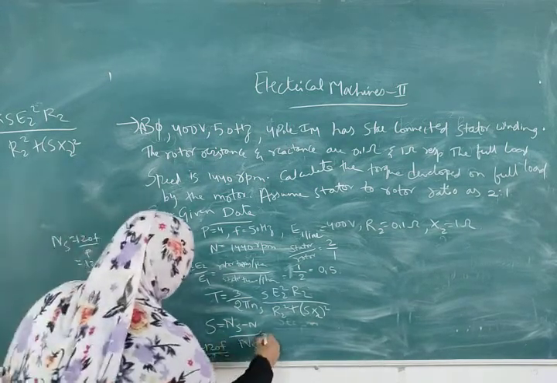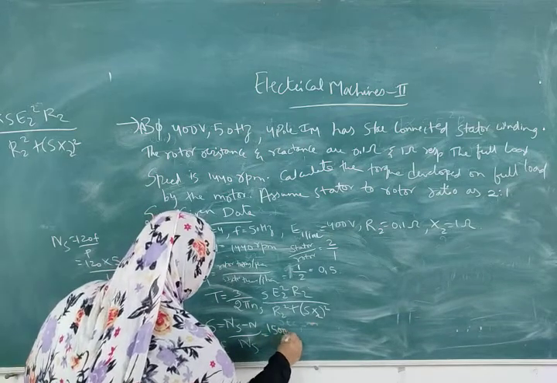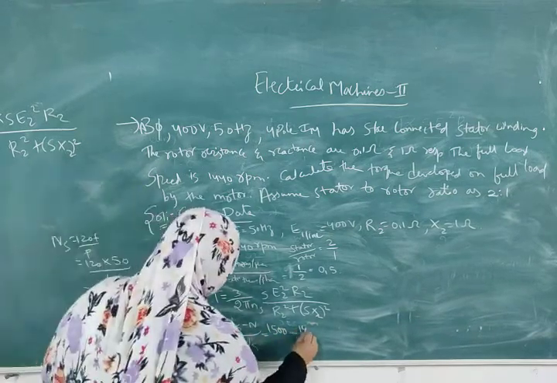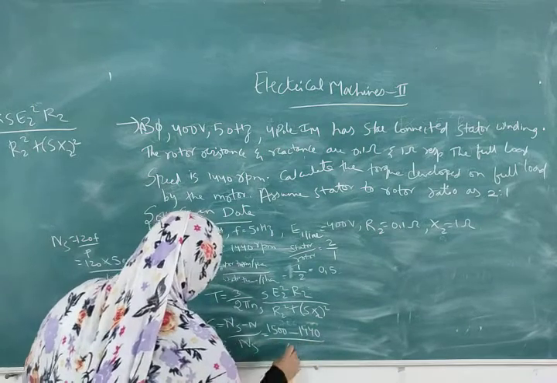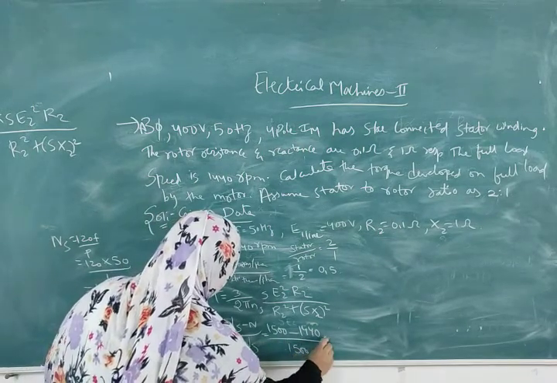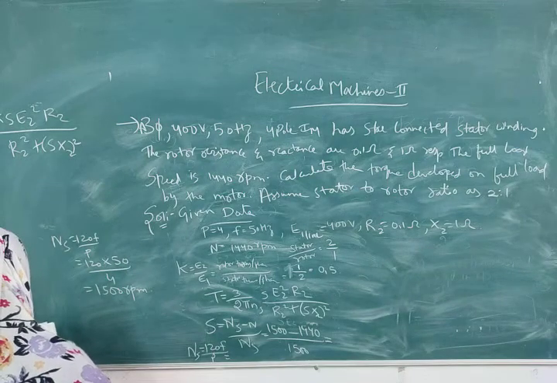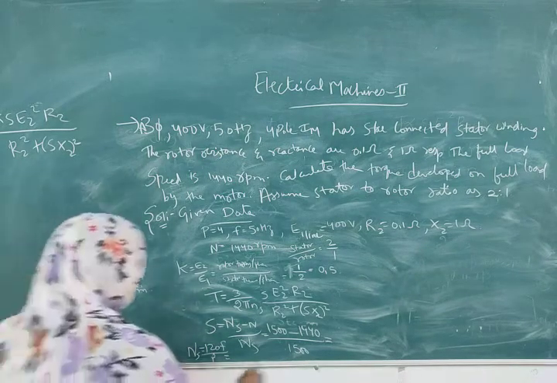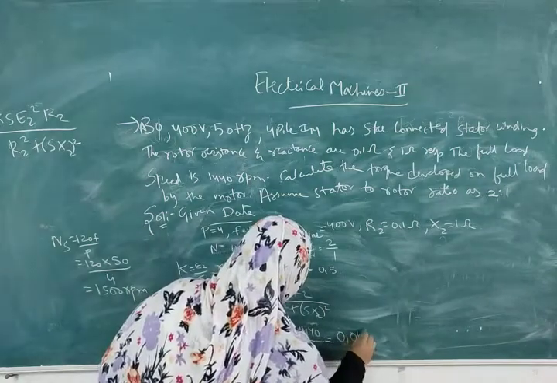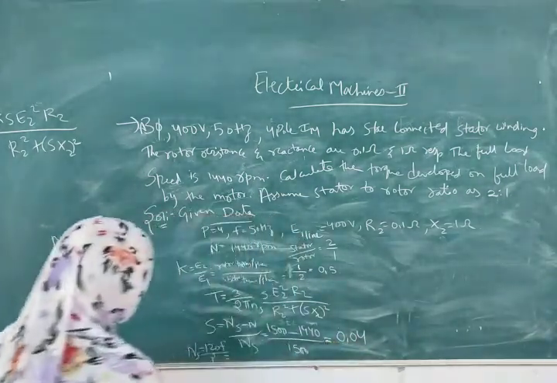So substitute the value of Ns is equal to 1500 here. 1500 minus 1440, where N value is 1440, divided by 1500. You are going to get the value of slip as 0.04. Slip value we got as 0.04.